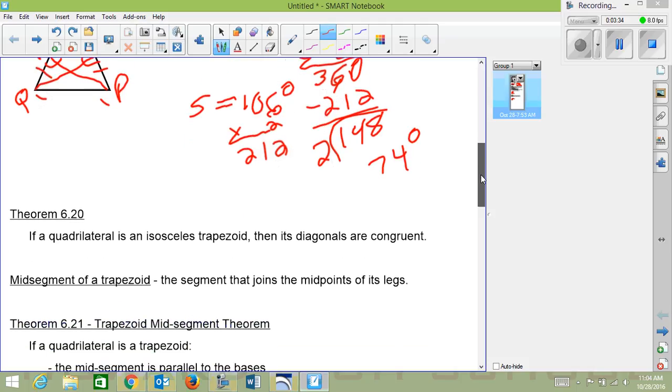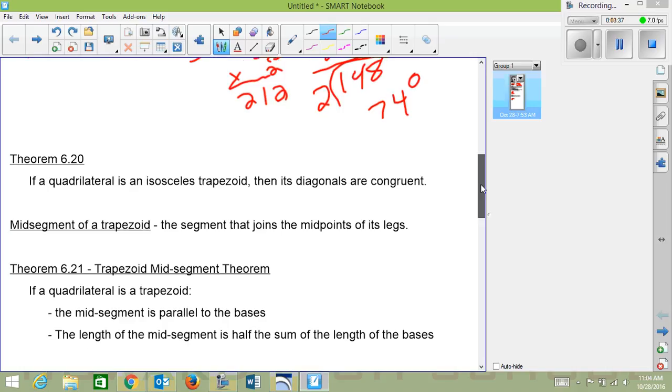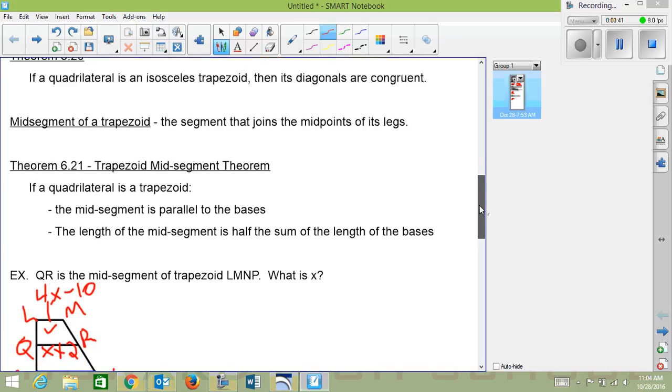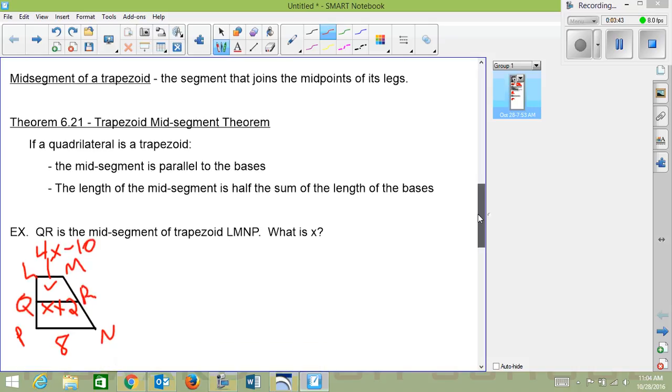The mid-segment of a trapezoid is a segment that joins the midpoints of its legs. I have an example drawn here. This line right here, QR, you're joining halfway here and halfway here. That is the mid-segment of the trapezoid.